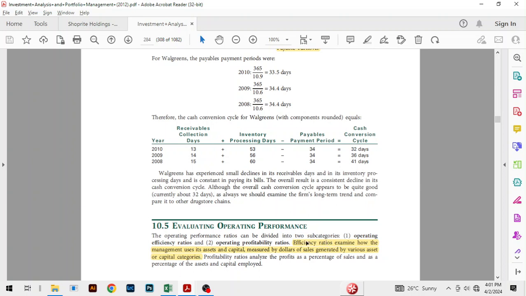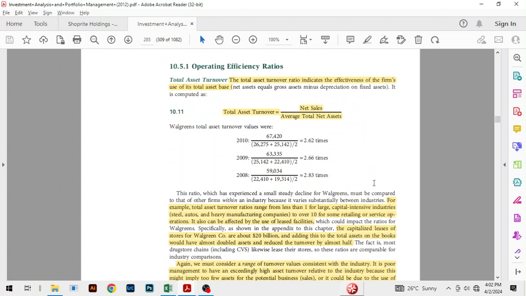Okay, so this is a great definition that I love about efficiency ratio. We're trying to see how management is using its asset base and the invested capital to generate sales. Okay, so that's basically what we are trying to do there.